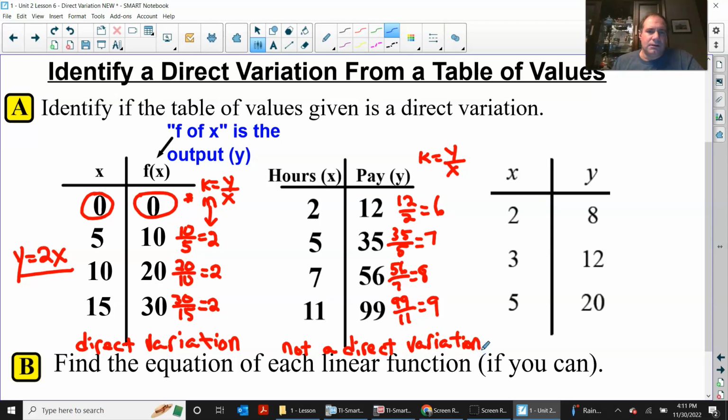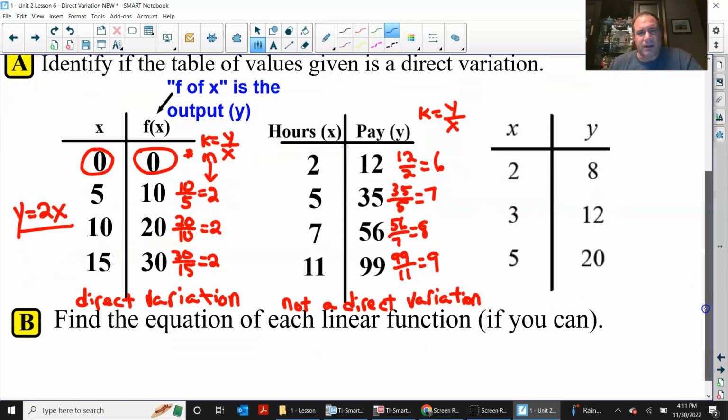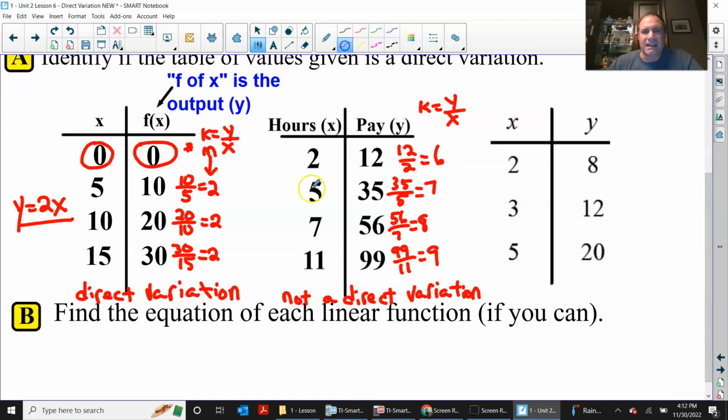So when it's not a direct variation, we're going to say that the slope and the k really, it's not like you could try to do the slope of this, and let's just go ahead. And if we get two different slopes with two different points, so this is x1, this is y1, this is x2, this is y2. These are not in proportion with each other.